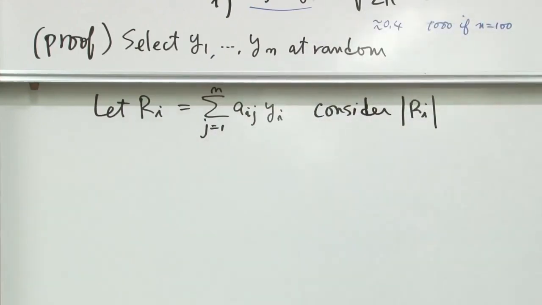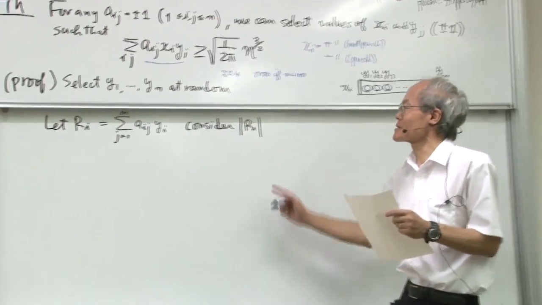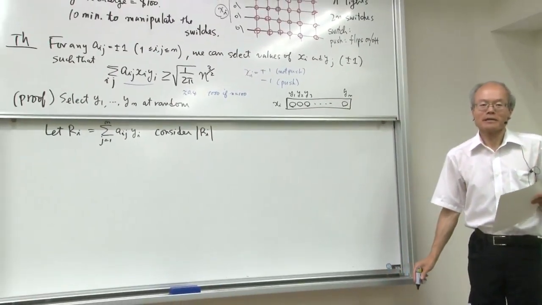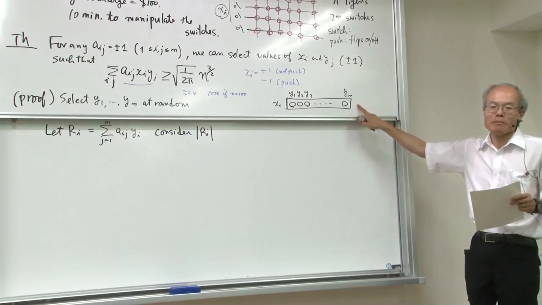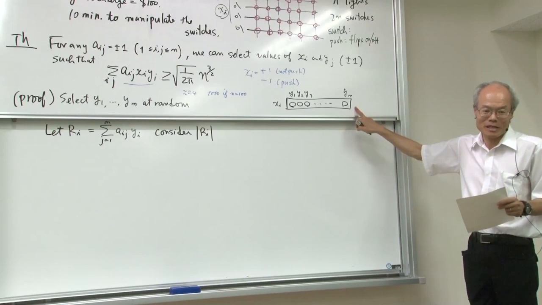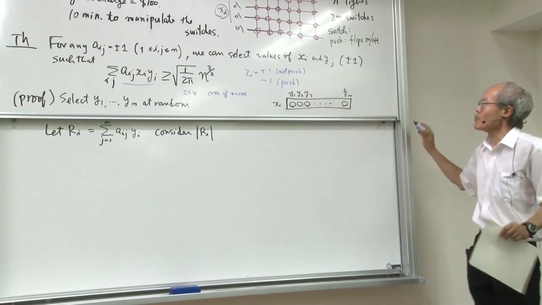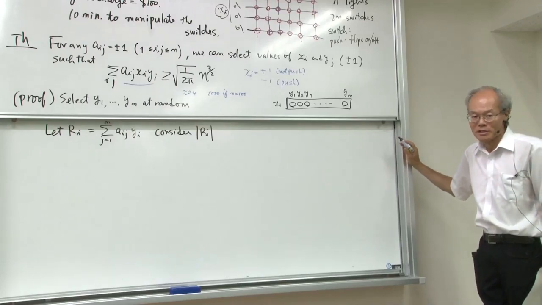Now, for some reason, I'm going to consider not Ri itself, but the absolute value of Ri. Your bonus might be negative, right? Because what you do is just randomly select y1 through yn, then your bonus, your money, might be minus.